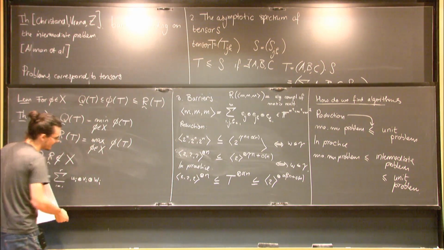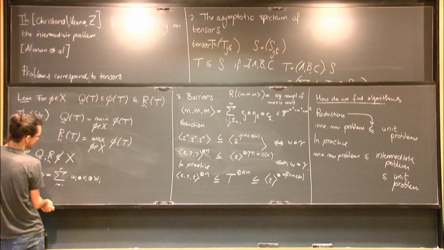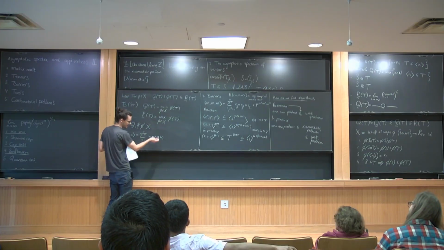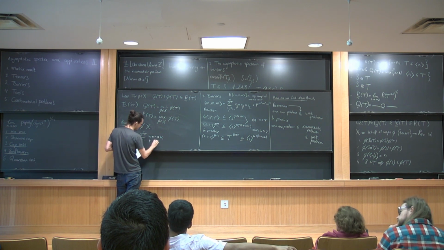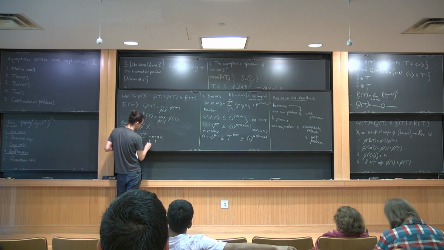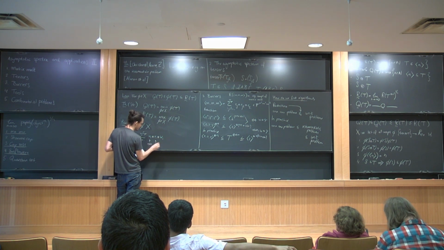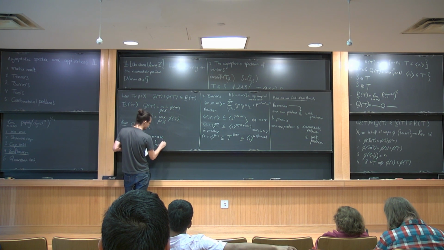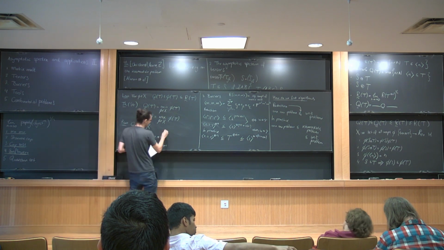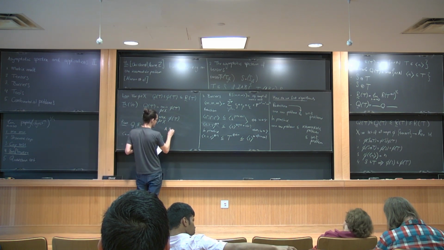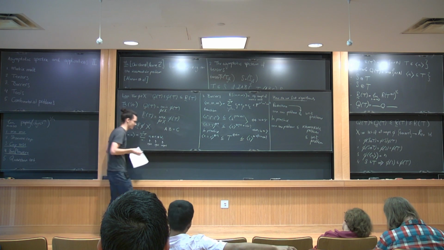You take one of these summands, and you think of u_i and v_i as corresponding to the input, and w_i as corresponding to the output of matrix multiplication. So I'm multiplying A and B, and getting some output C.